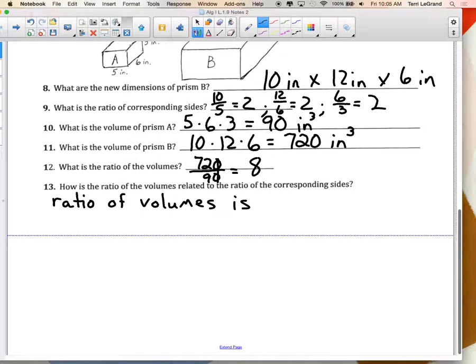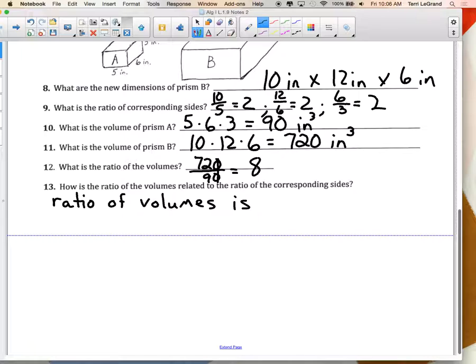What relationship can you think of between 2 and 8? 2 cubed, 2 to the 3rd power, is 8. Yeah, I think that's probably the one we're looking for.